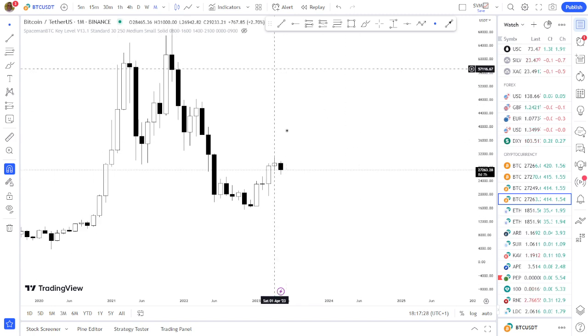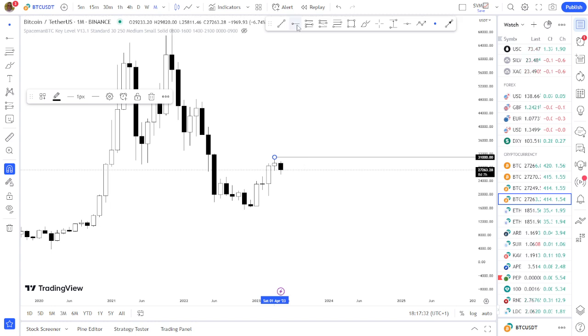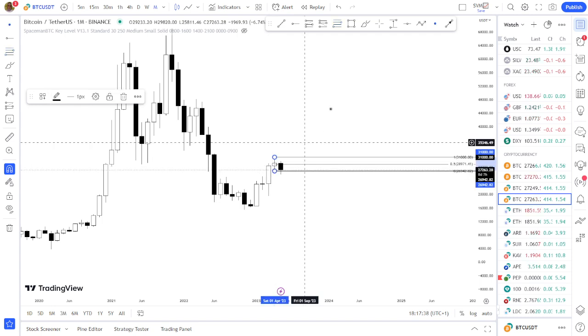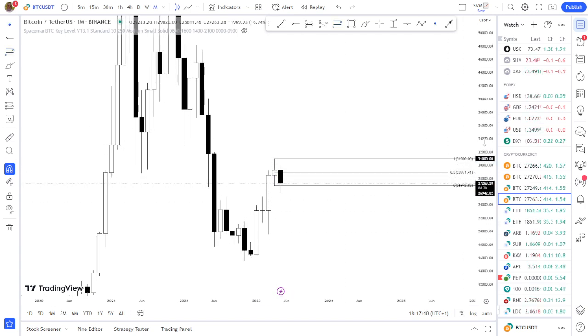I start from the monthly. On this monthly time frame, I'll pick the highs and the lows of previous months first, then the midpoint of previous months. The midpoint comes around 28,971. Okay, so that's the mid area.